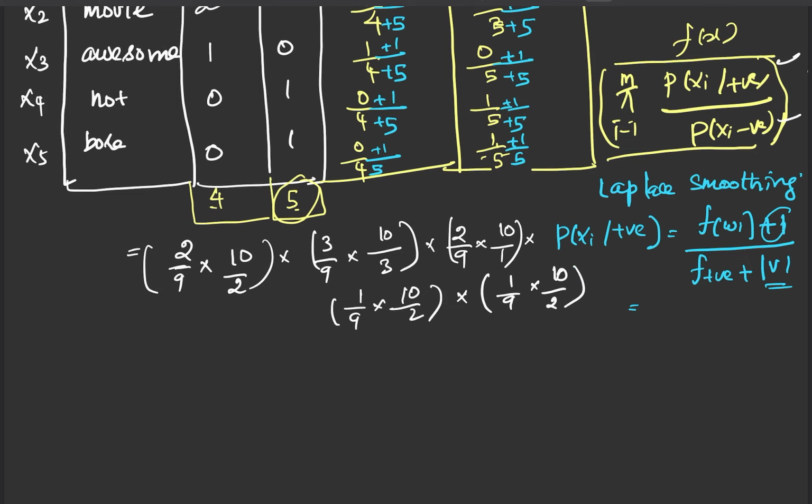Multiply all these numbers, then you will get the final answer. It is coming around something like 10 by 9, 10 by 9 to 20 by 9. So, when you calculate this number, it would be greater than 1. As we already saw, whenever the value is greater than 1, it represents the sentiment is positive, otherwise negative.